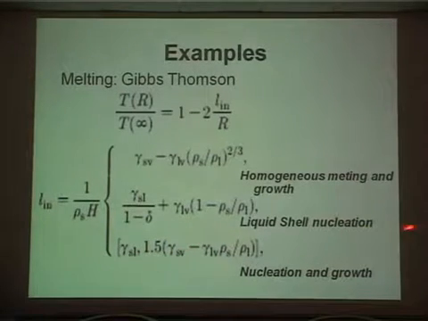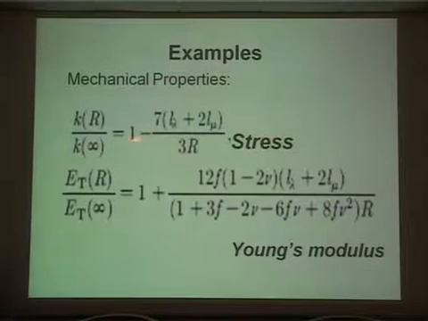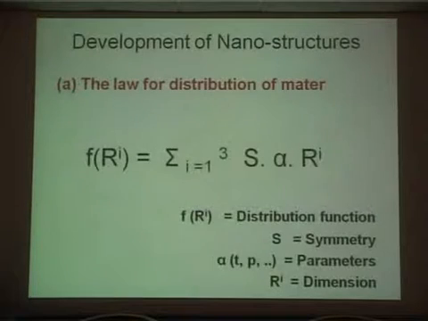And for nucleation, again this theory holds, for nucleation and growth of different nanoparticles on different substrates. The same formulation holds for evaluation of stress at the nanoscale, and the same formulation holds for the determination of Young's modulus at the nanoscale.